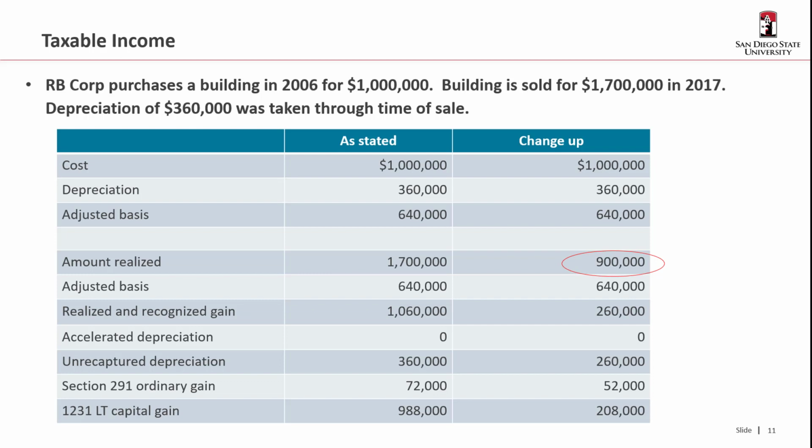So even though we've taken 360,000 of depreciation, you never recapture more than the gain amount, which means that the unrecaptured depreciation is only 260,000 because it's maxed out at the gain amount. 260,000 times the 20% required under Section 291 is 52,000, and that leaves 208,000 of 1231 gain. And again, if that were the only 1231 gain, we would treat that as long-term capital gain.